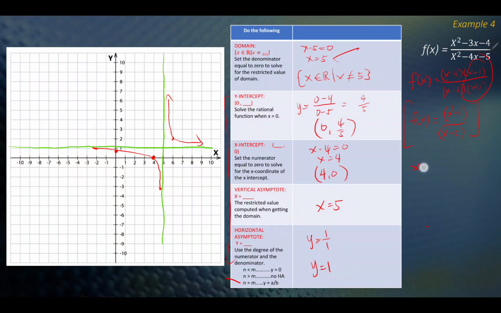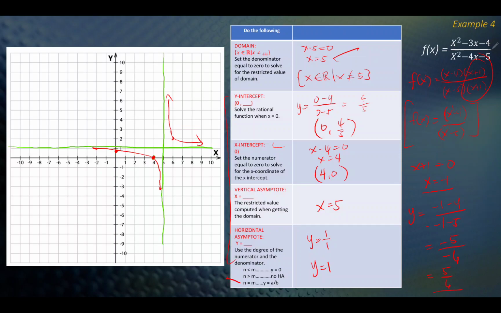Okay. So, what is the 0 of that factor na na-cancel natin? That's x equals negative 1. And then, we substitute this value to our simplified form, y equals negative 1 minus 4 over negative 1 minus 5. This is negative 5 over negative 6. And that is equal to 5 over 6.